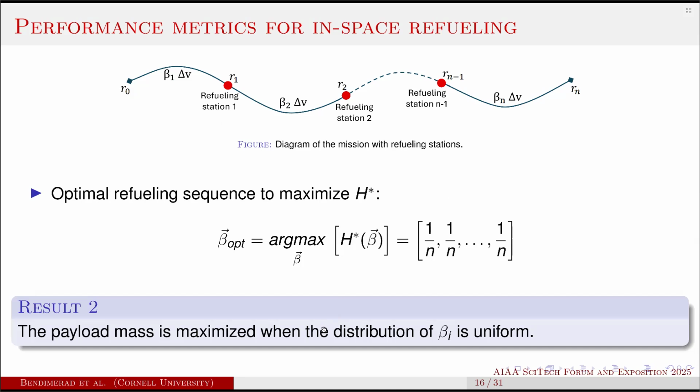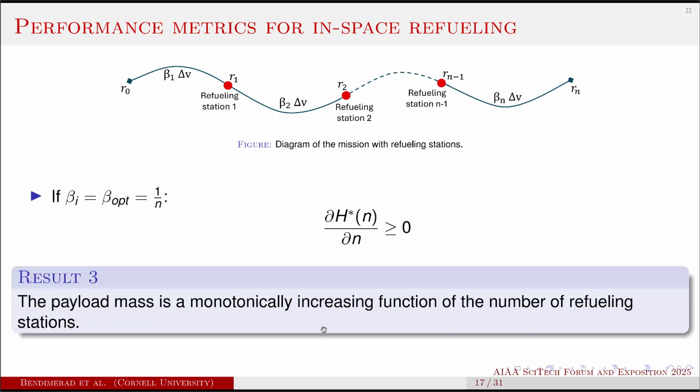So having a uniform distribution of refueling maximizes the normalized payload mass of the mission. And we can also show that this quantity increases with n, so the derivative with respect to n is positive, and therefore the payload mass is a monotonically increasing function of the number of refueling stations.